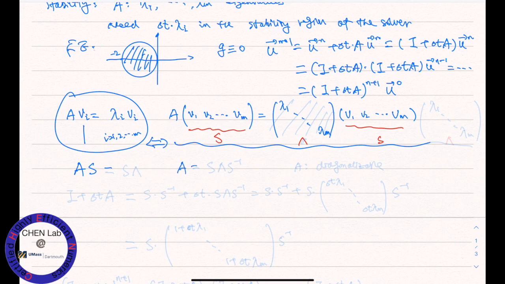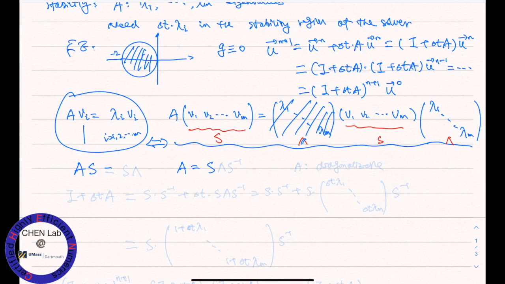Which is to say, when S is invertible, we have A is S... Well, I made a mistake above, so this should be this way. That's a lambda. So it could be tricky.